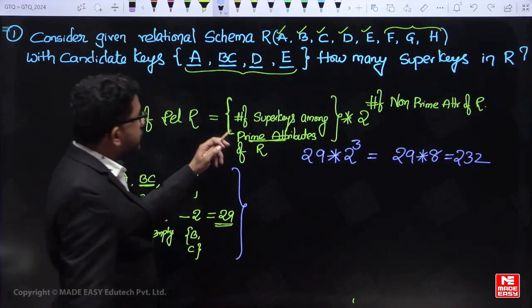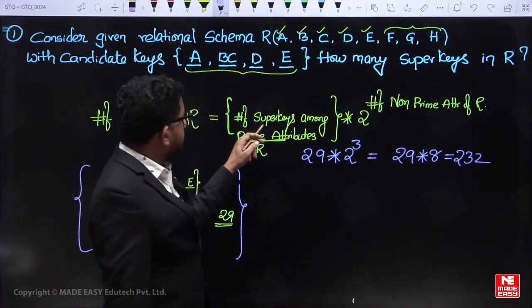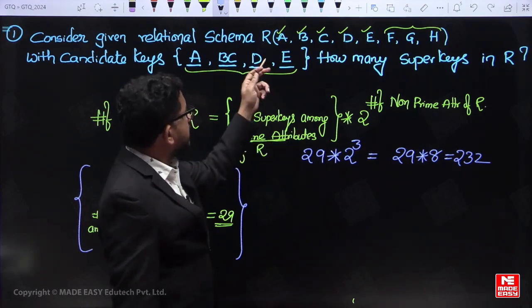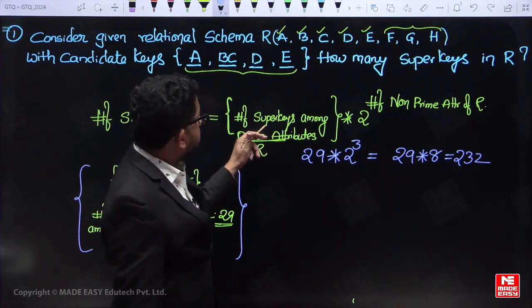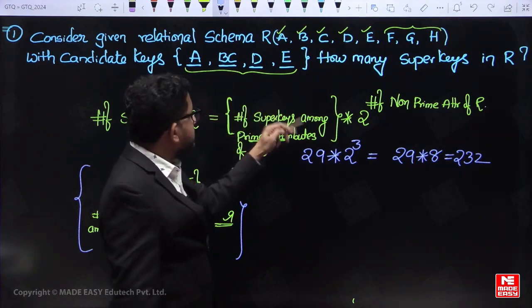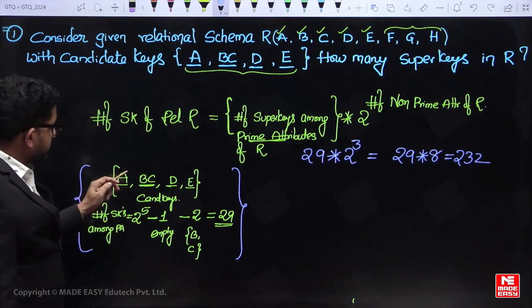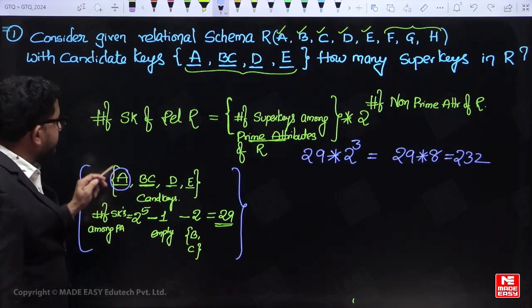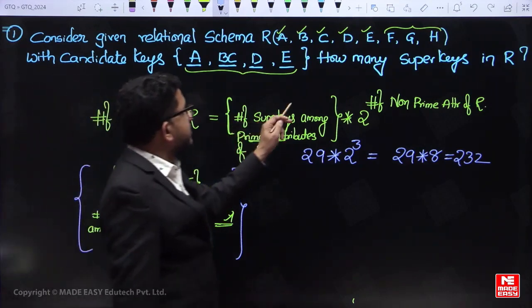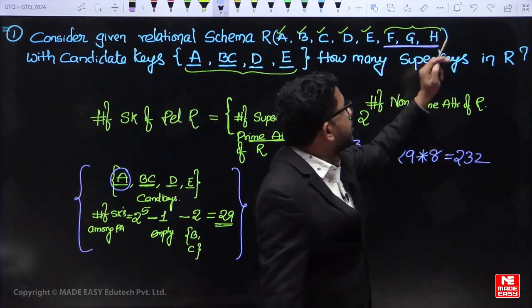Now see how it is working correctly. Super keys of the relational schema means super keys of the prime attributes also. If you take any super key of the prime attributes, for example A, which is a super key, A combined with any subset of F, G, H remains a super key.